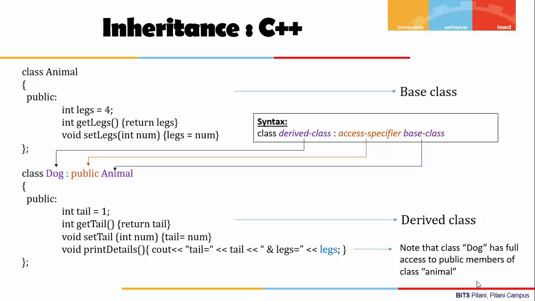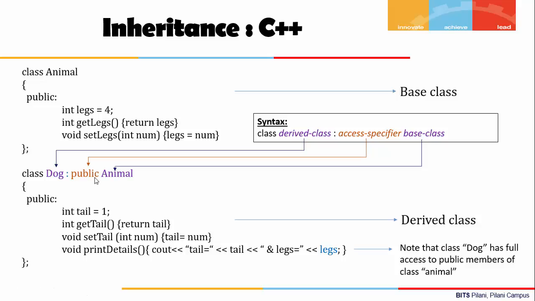So if you declare an object of class dog, it will store within it the data members of the base type. All the data members of the base class will be stored in this derived class when you use a public access specifier. And also it will inherit the methods of the base type.